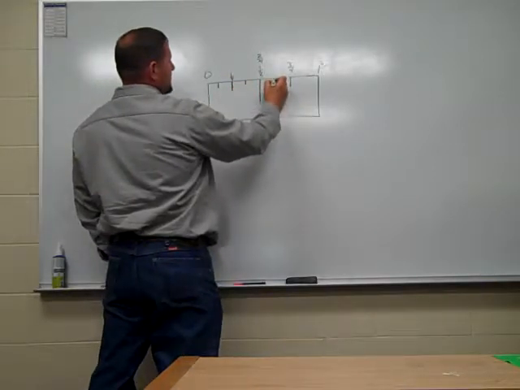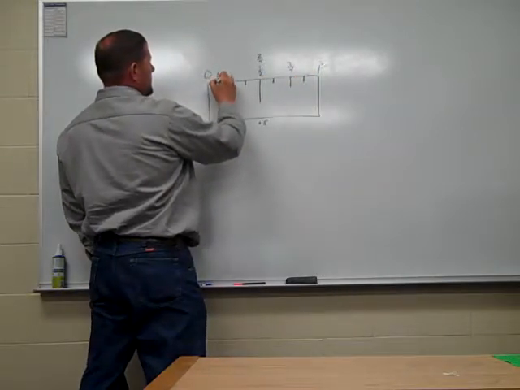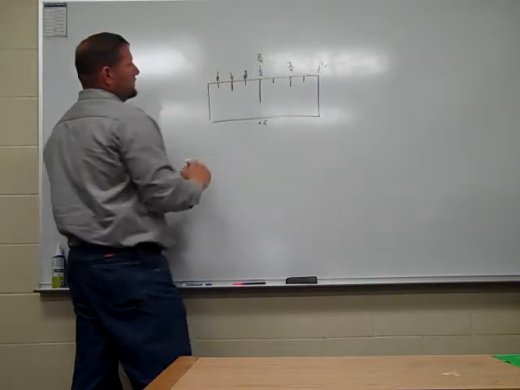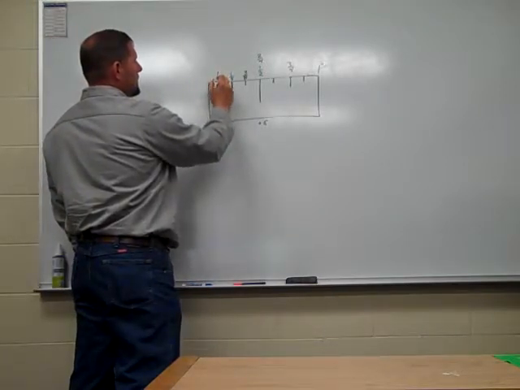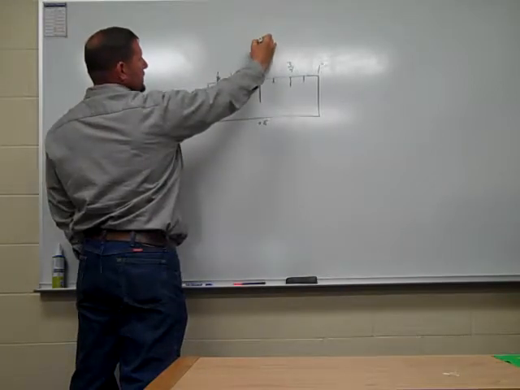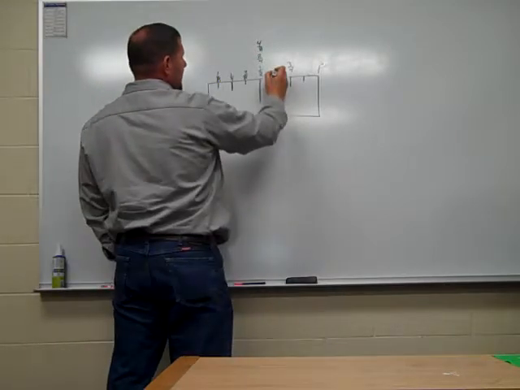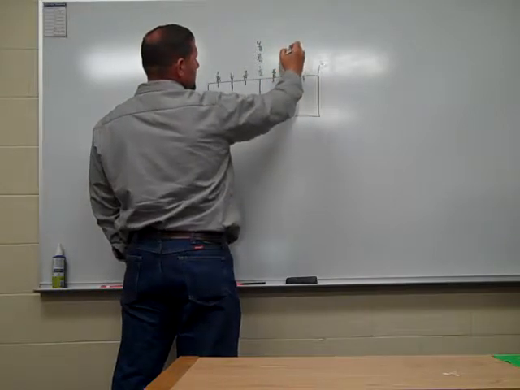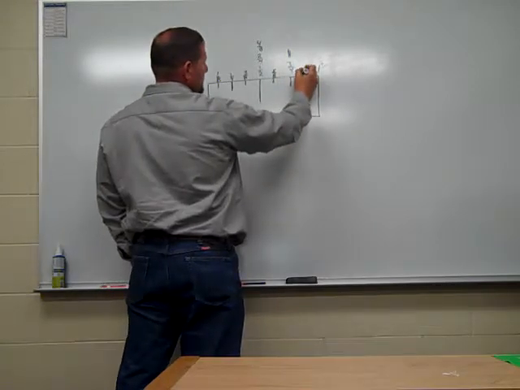Now we have 1/8 of an inch: 1/8, 2/8 reduced down to 1/4, 3/8, 4/8 reduced down to half, 5/8, 6/8 reduced down to 3/4, and then 7/8.